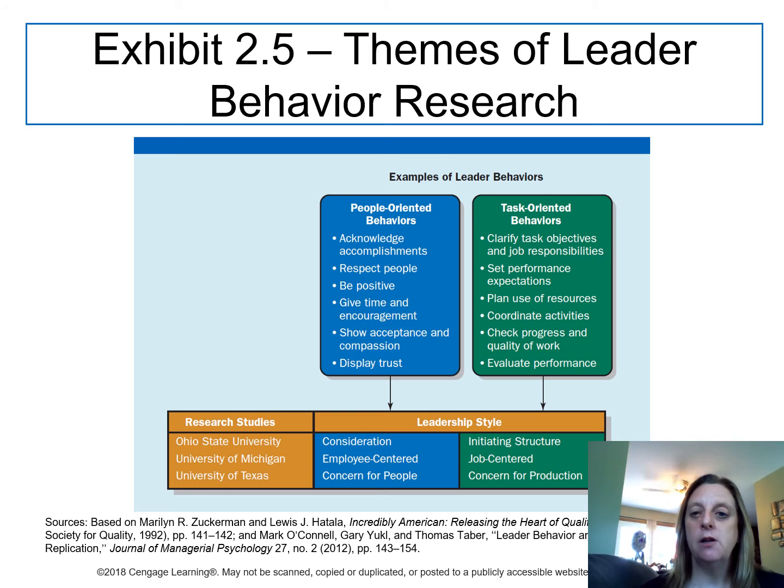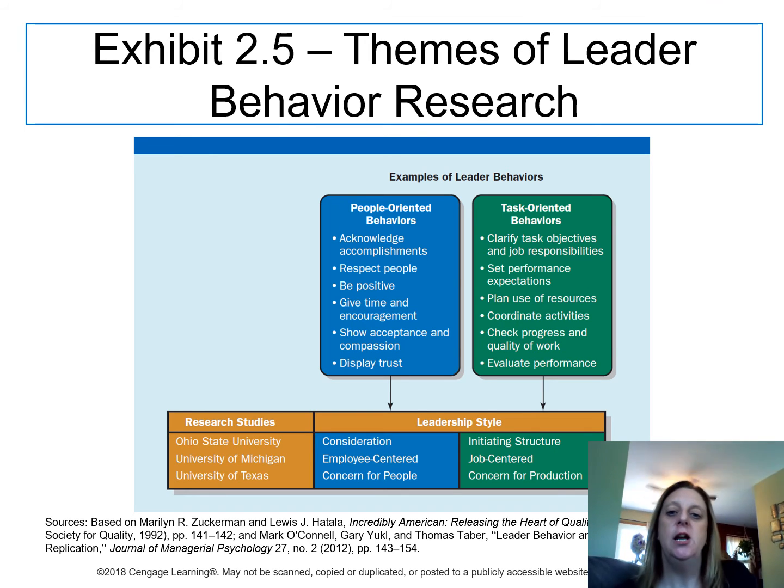And then there's the middle of the road management within the leadership grid that talks about there being a moderate amount of concern for both people and production. So not a high degree on either quadrant of the gradient, but just kind of being in the middle of the road, mediocre.